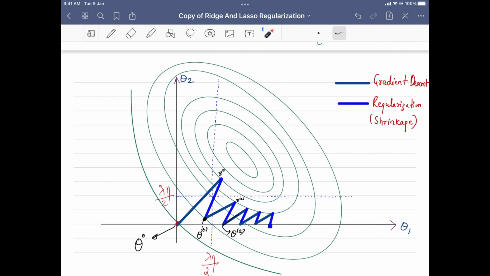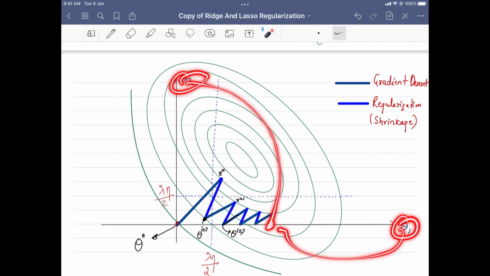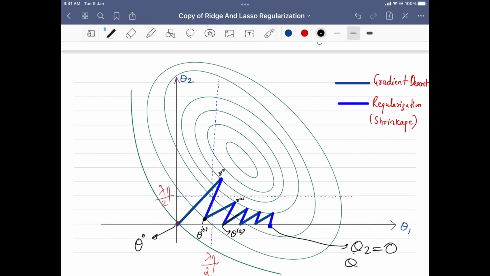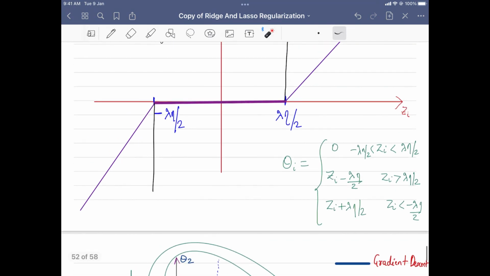And the important thing is that at this point where it reaches, you can see theta 2 is 0 here, and theta 1 is having some value, so it is giving you a sparse solution here, because one of the components theta 2 is 0 and theta 1 is having some value. So you can see how you are obtaining a sparse solution when you do these types of thresholding operations which are done over here.